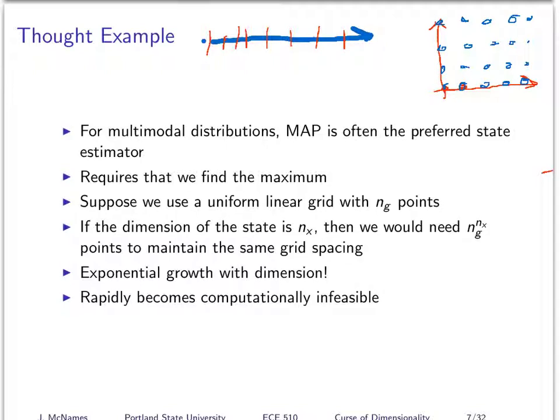Normally if you're looking for a maximum, you would probably want more than that, depending on how sharp your modes can be. But if you had 100 points, then in 2 dimensions it would be 10,000. In 3 dimensions, you're at 1,000,000. And we're working with state space models that often have dimensions that are 10, 20, 30 dimensions. So you can't get there.